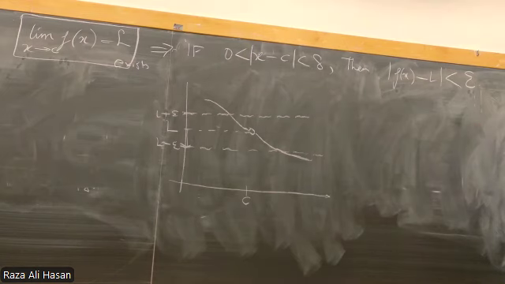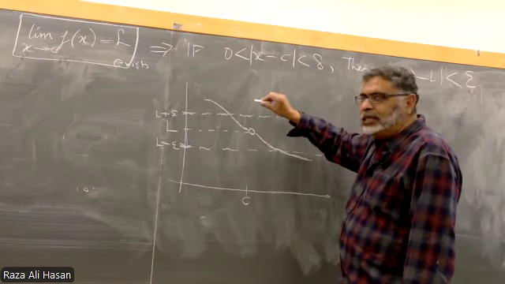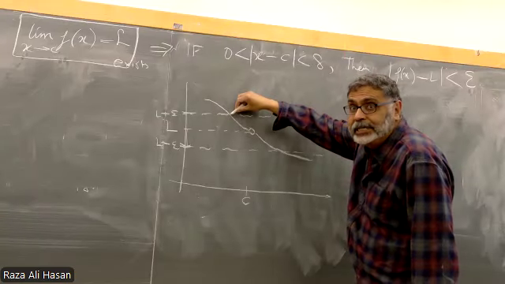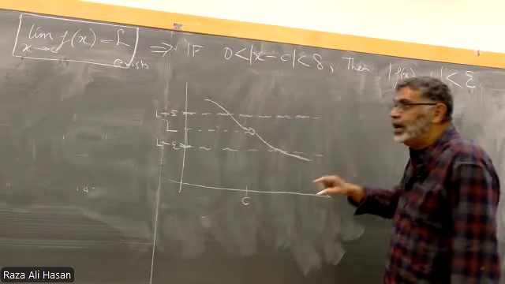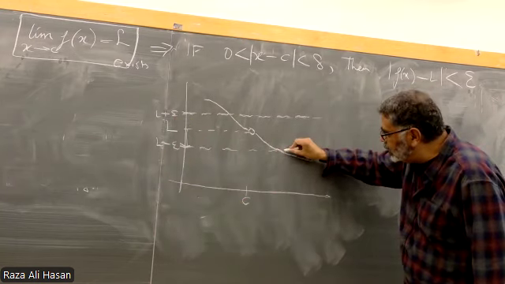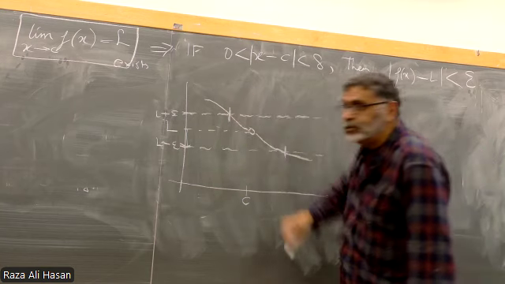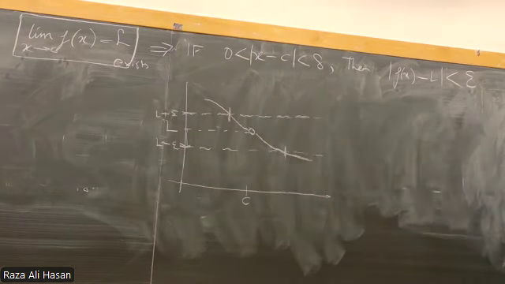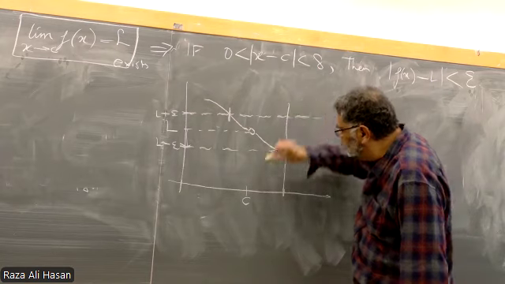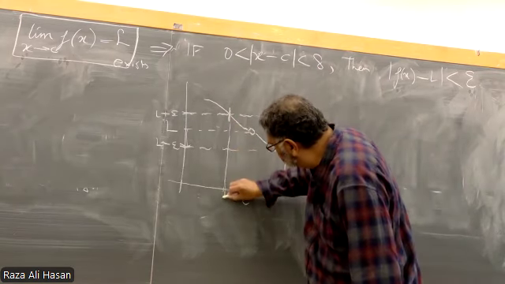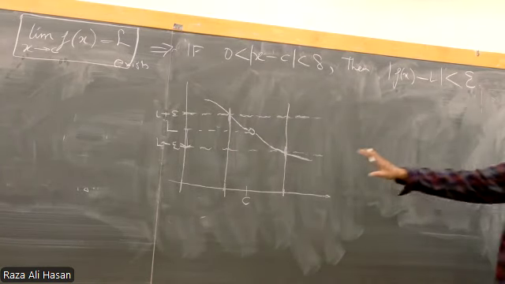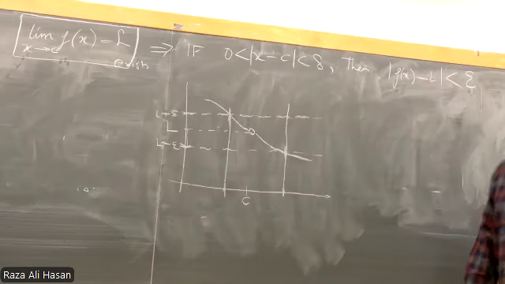From the graph, the trick is to draw vertical lines where the curve intersects the horizontal lines for L plus epsilon and L minus epsilon. So this right here, it cuts here, and it cuts here. If I draw vertical lines here, these vertical lines will determine the size of the delta.